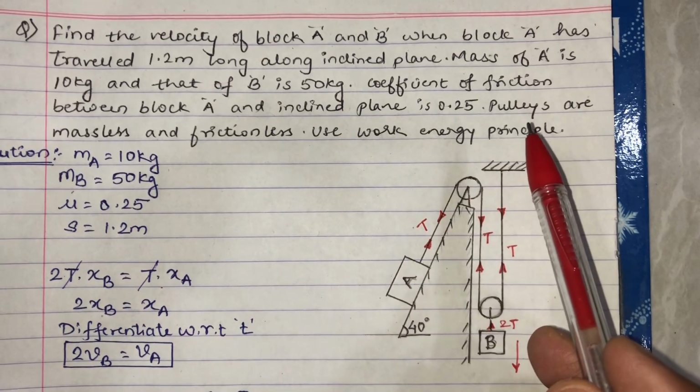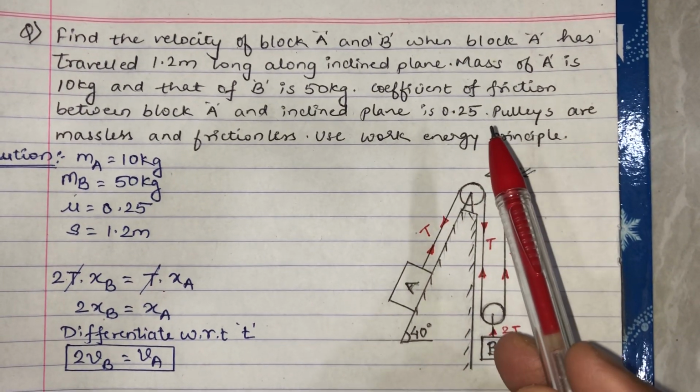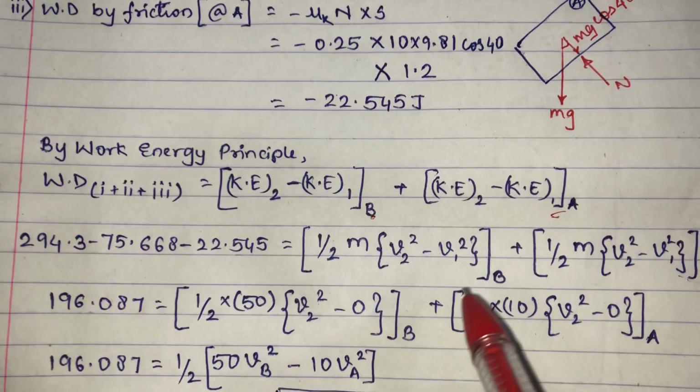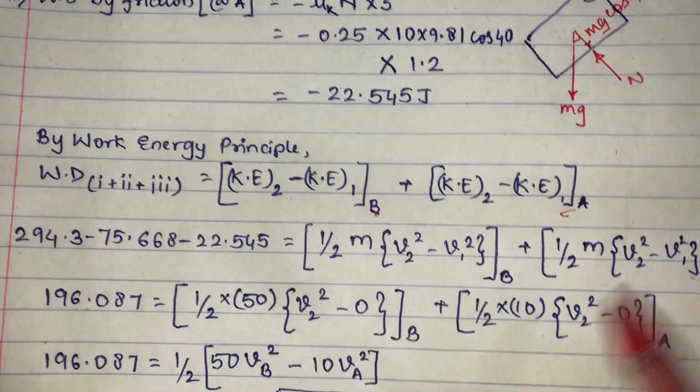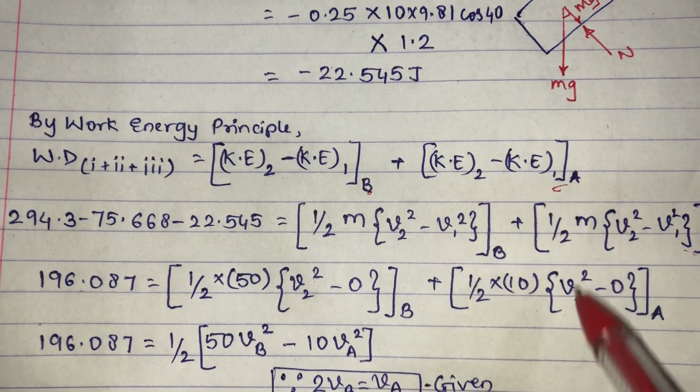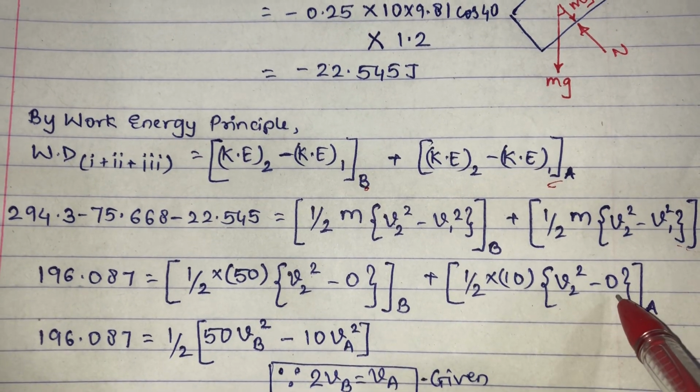So we have considered here that velocity at the starting is 0, and that we are placing v1 equals to 0 here. Similarly, for the second half, m is 10 for mass of A, and v1 is taken as 0.